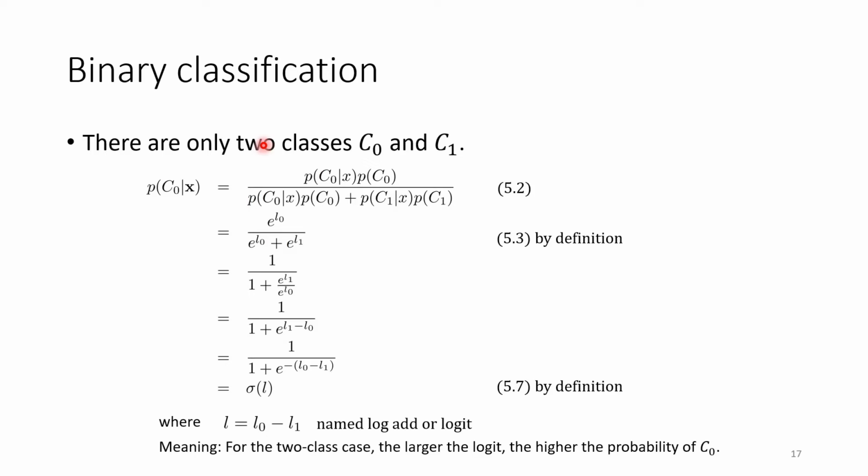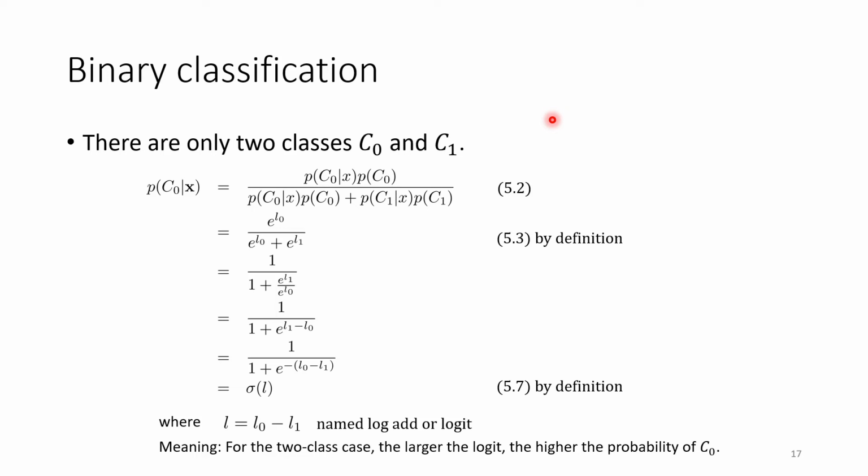So why do we need to know the logistic function? Suppose this is a binary classification case. It means we only have two classes, either C1 or C0.